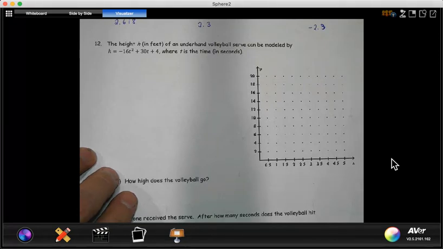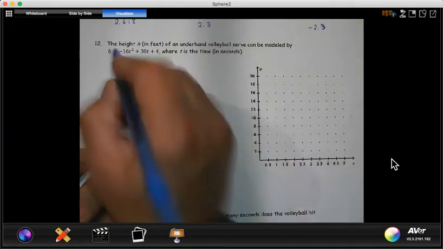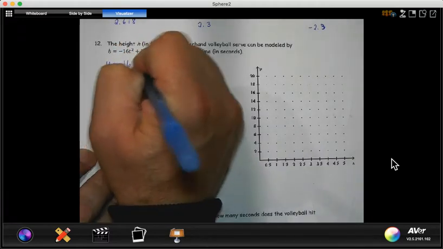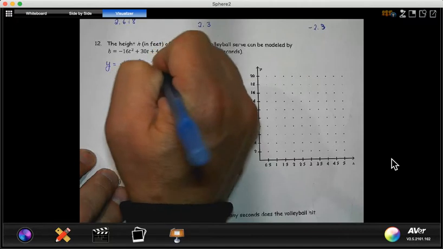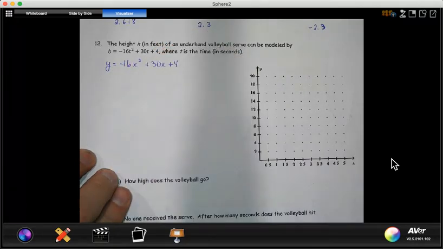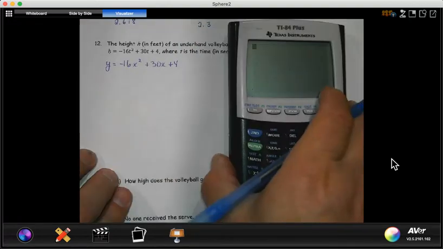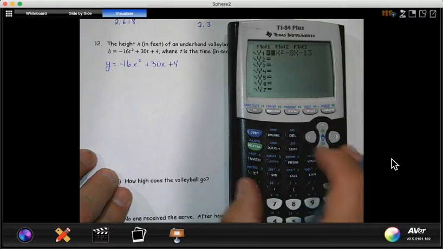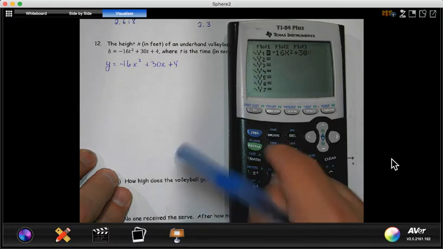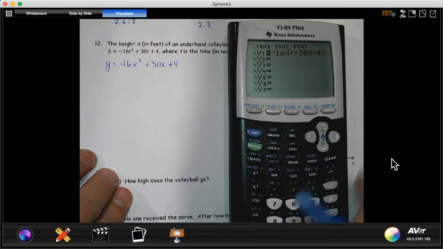So h is y and t is x. You can type it how you see it, but you don't do the h's and the t's. You just do the y's and the x's. So you go to y equals negative 16x squared plus 30x plus 4.